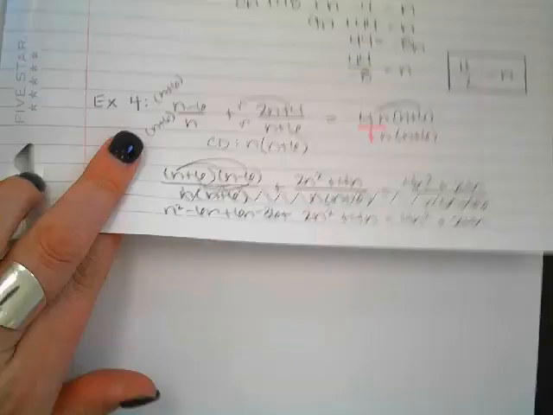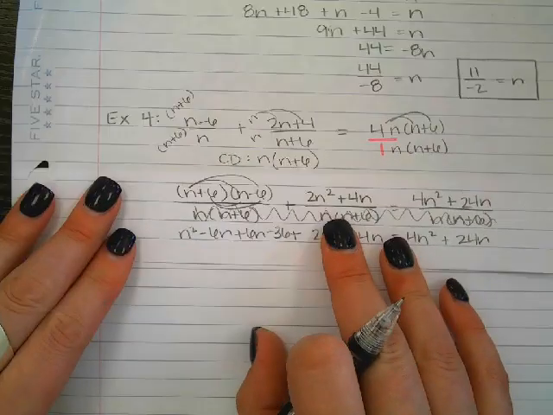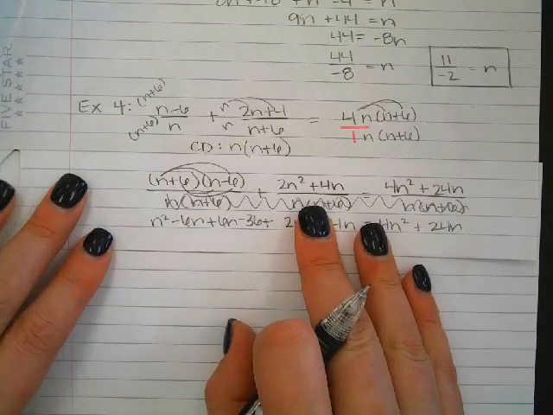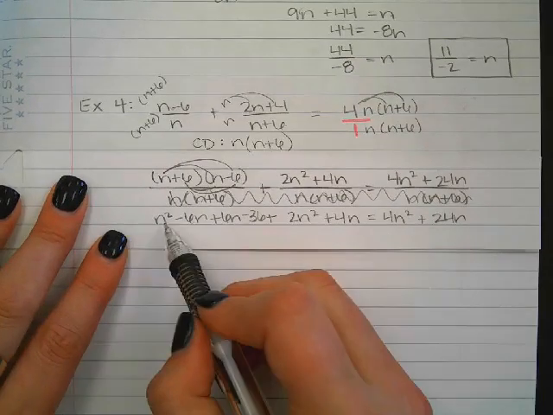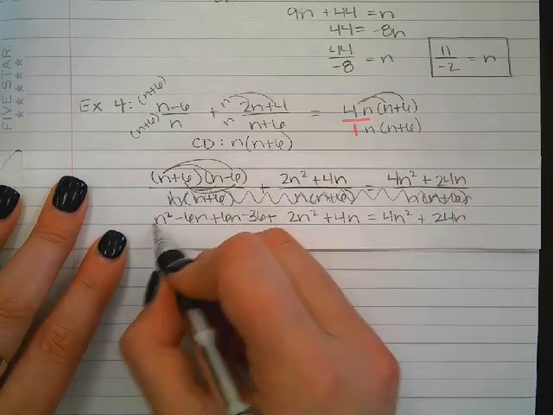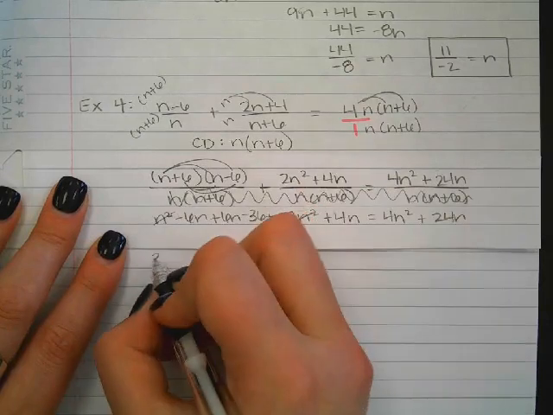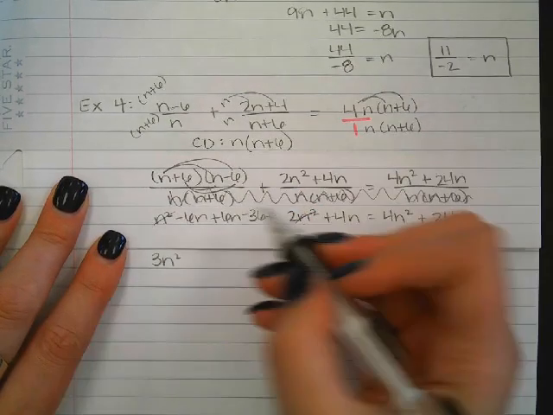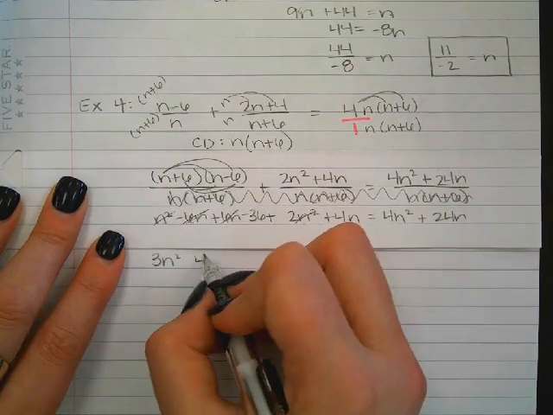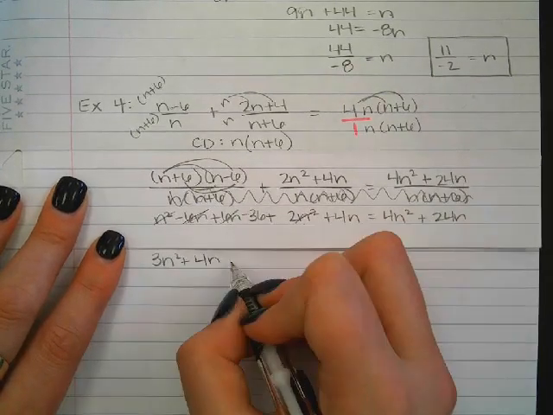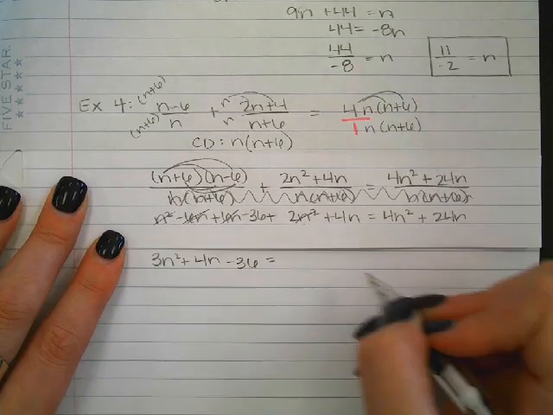Okay. So what I have now, I have an n squared and a 2n squared. So I've got 3n squared. These cancel each other out, and then I've got a 4n, negative 36.